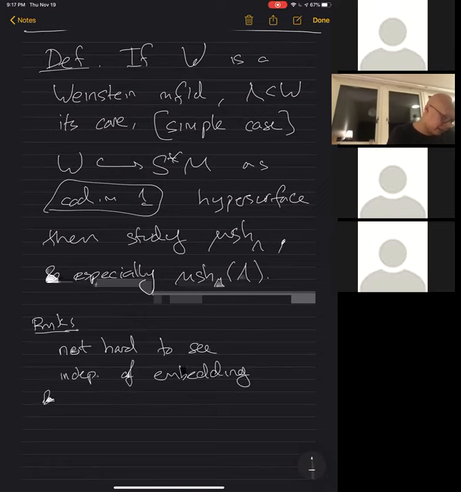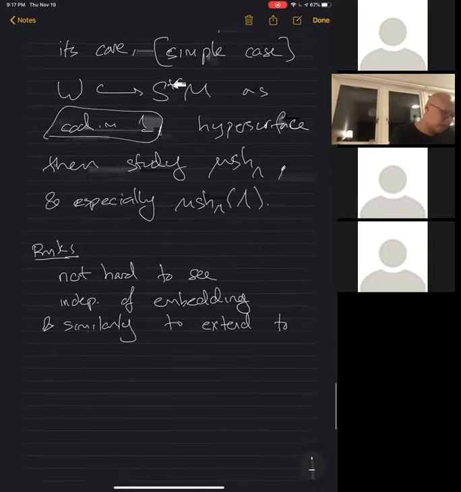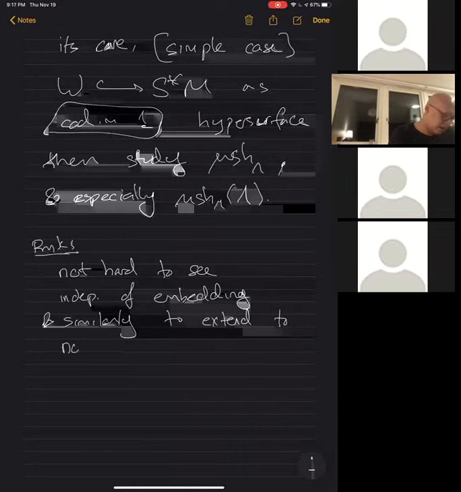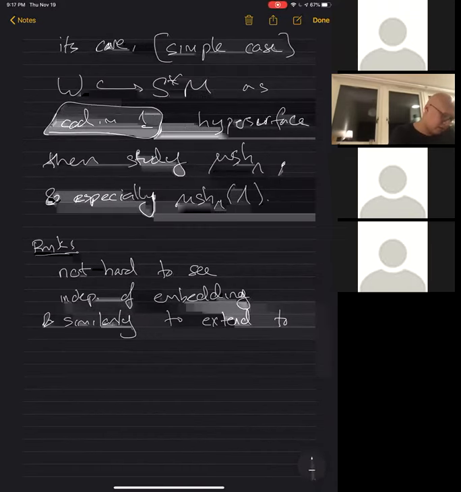and similarly not hard to extend to, let's say, arbitrary Weinstein manifolds.